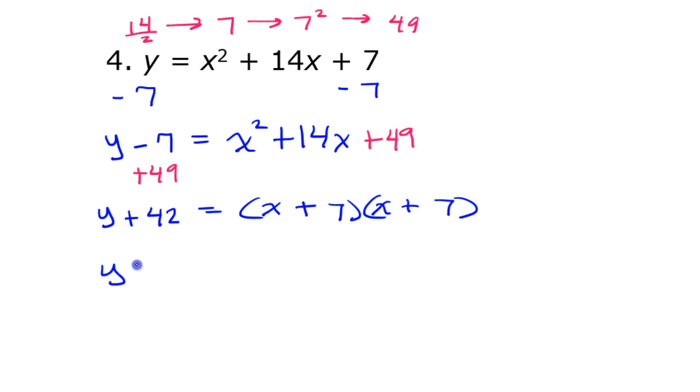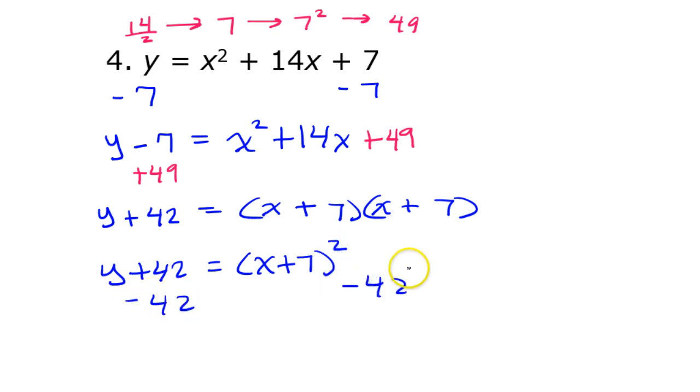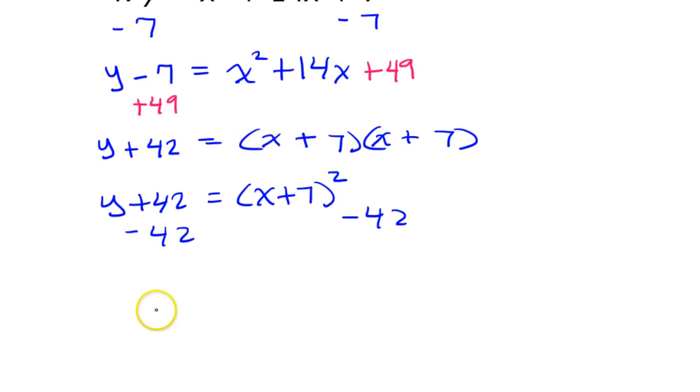So now I have y plus 42 is equal to x plus 7 squared. Finally, subtract the 42 from both sides, and you're done. So the final answer is y equals x plus 7 squared minus 42.